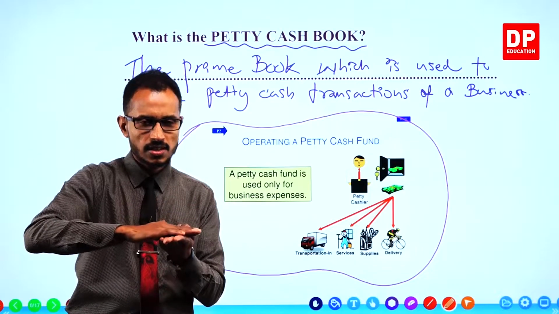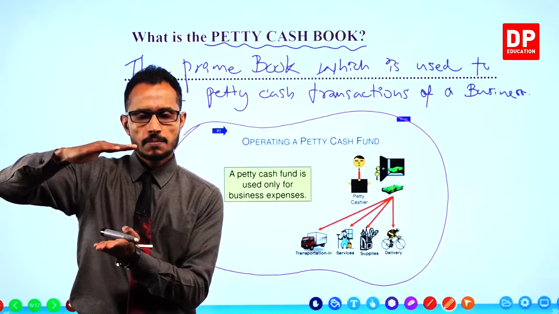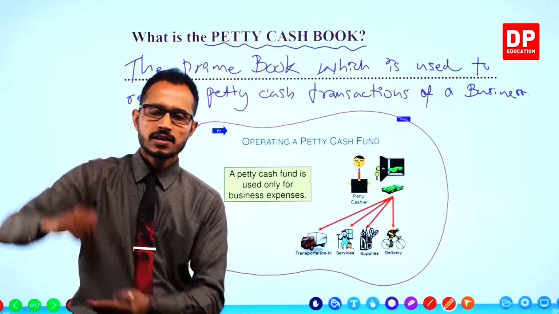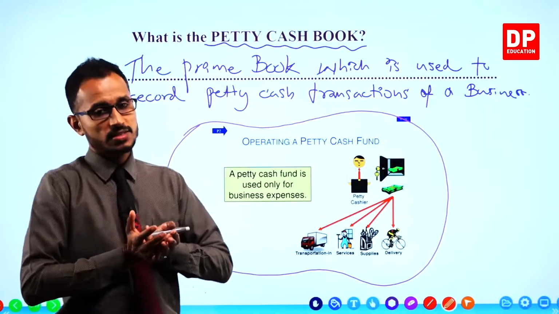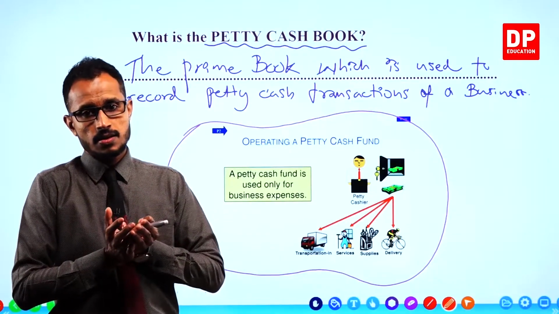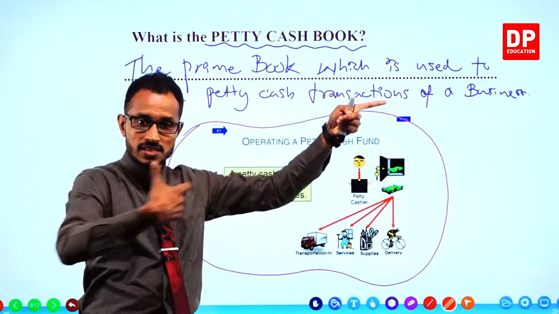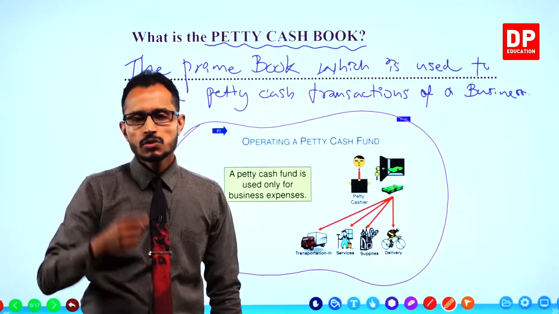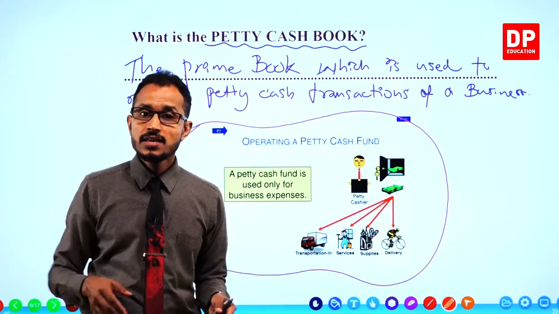Next month, again the sum is refilled. This sum or this fund is called the petty cash imprest. At the beginning of every month, the main cashier provides a certain sum of money for the petty cashier to keep. He just doesn't keep it, he spends it.